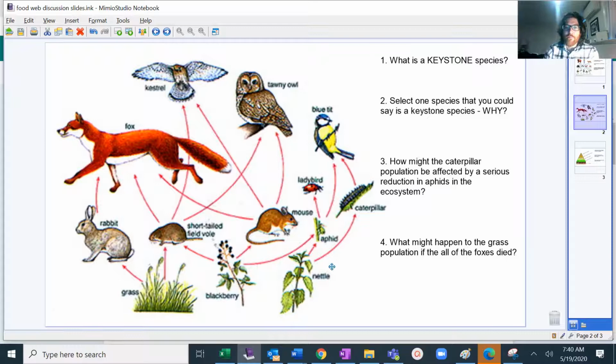However, they're both food for the bird here, the blue titmouse. So the caterpillar and the aphid are the only food sources here. So if the aphids were seriously reduced, then the bird would have to eat only caterpillars. And so although there would be more food for the caterpillars, there would also be more predators for the caterpillars.